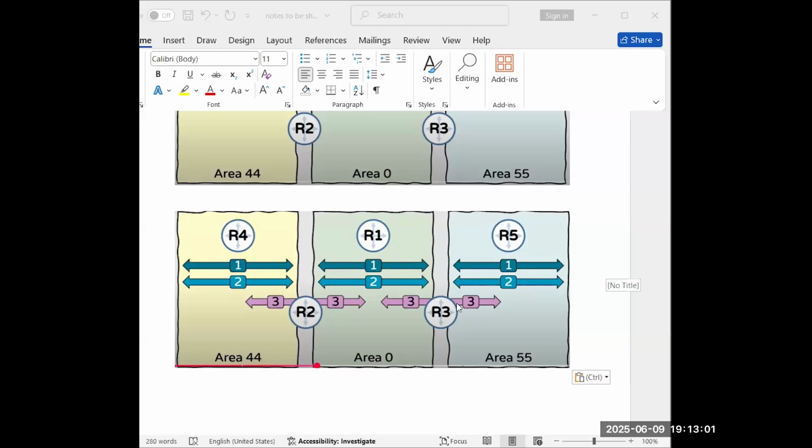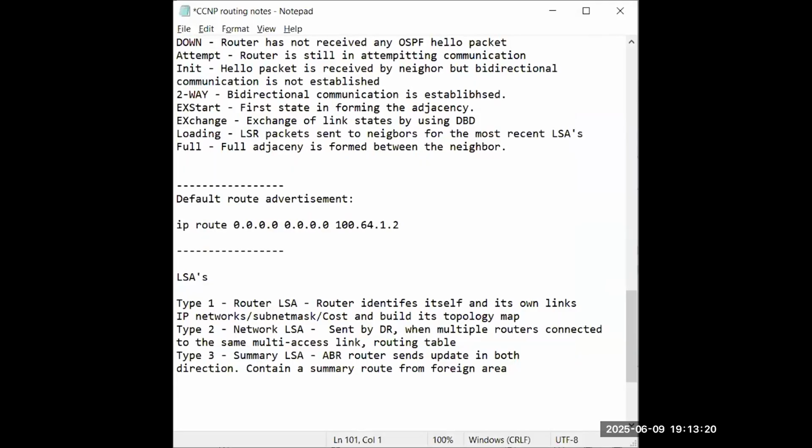So the next one is type 4 LSA, the ASBR summary LSA. ABR we have seen; next is ASBR. Type 4.